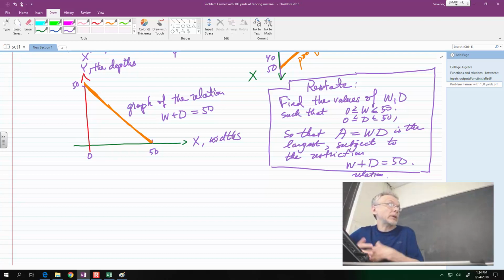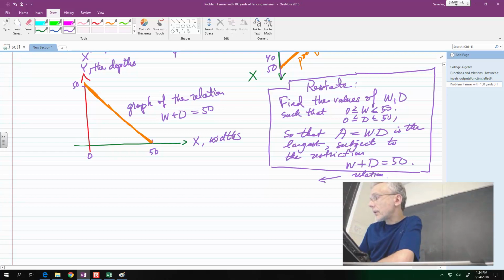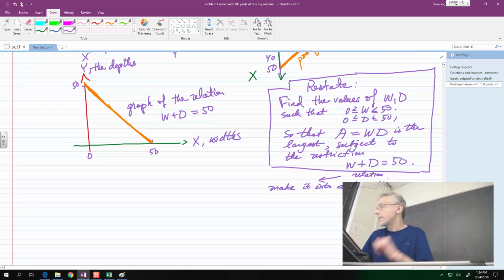But what if, and that's the main idea, we turn the relation into a function, so that there will be fewer variables to begin with. Well, we have 3, that's just too many. Okay, so how do we turn it into a function?